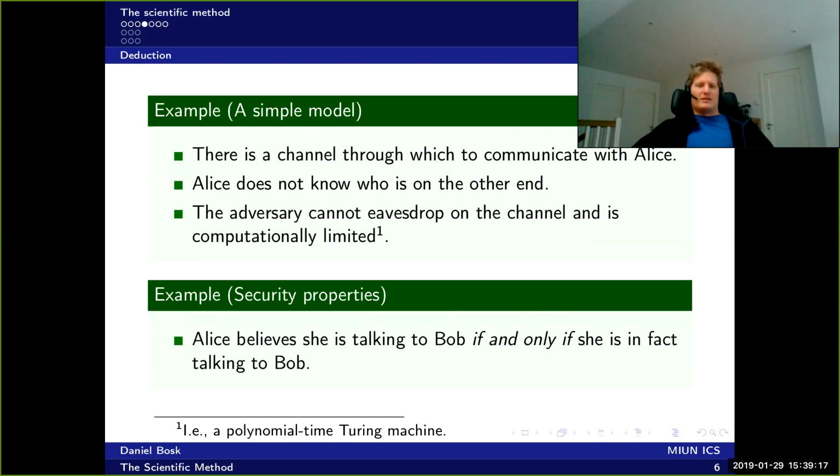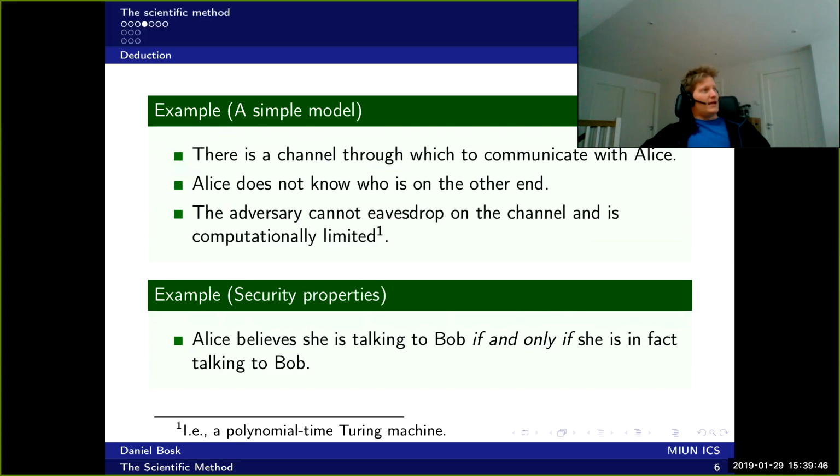And then we have the security property that we want: we want to construct a protocol which has the following security property. Alice believes she's talking to Bob if and only if she is in fact talking to Bob. So if Bob goes to this pipe, our protocol will convince Alice that she's actually talking to Bob.